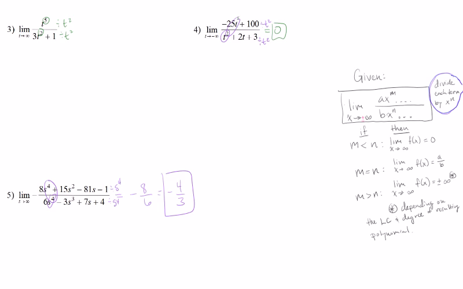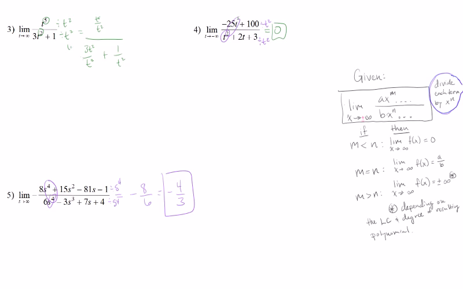So what we'll get is t to the 5th over t squared on top, and then the bottom will have 3t squared over t squared plus 1 over t squared.